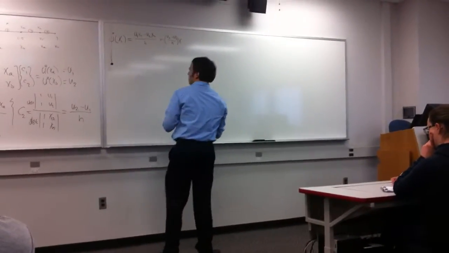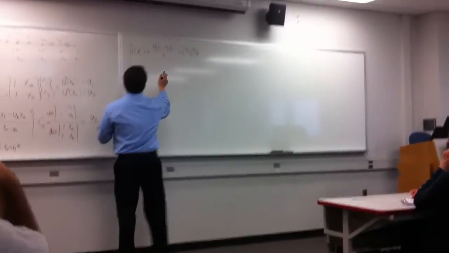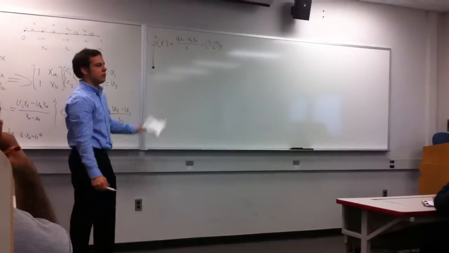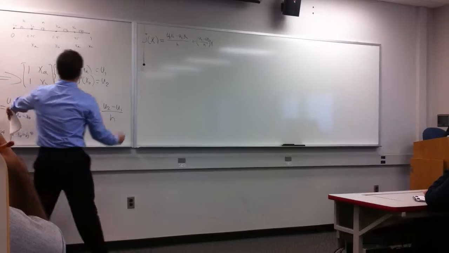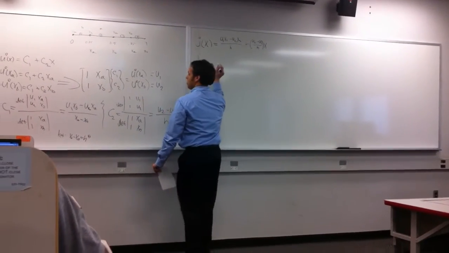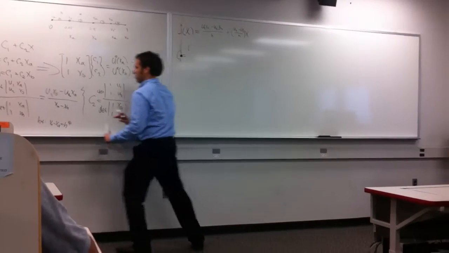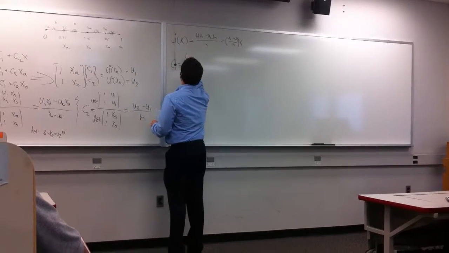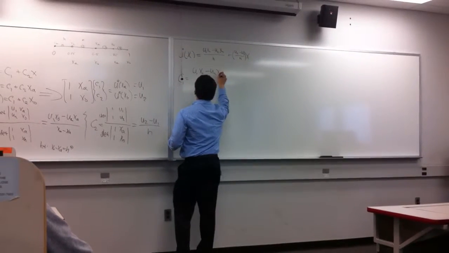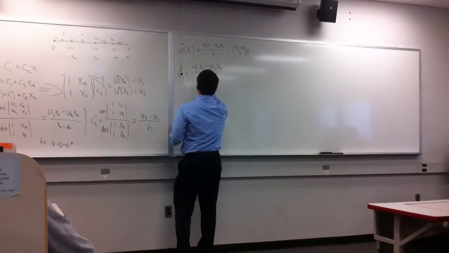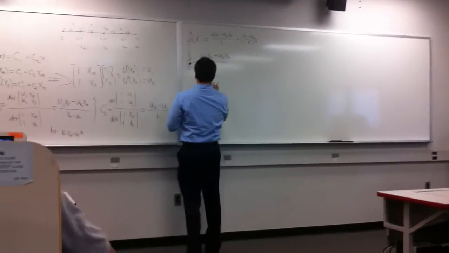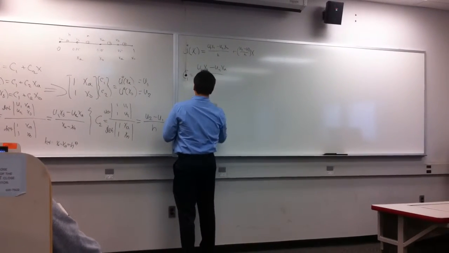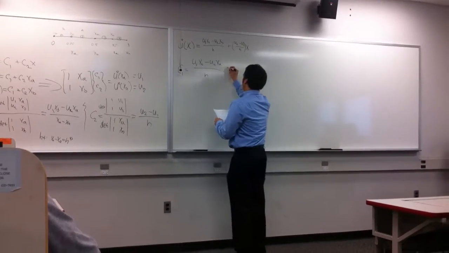Now, this kind of looks very cumbersome to program. It's not meaningful. So we're actually going to take our C1 and we're going to write it differently. So C1 was U1 XB minus U2 XA over H. I want to write this in this form.